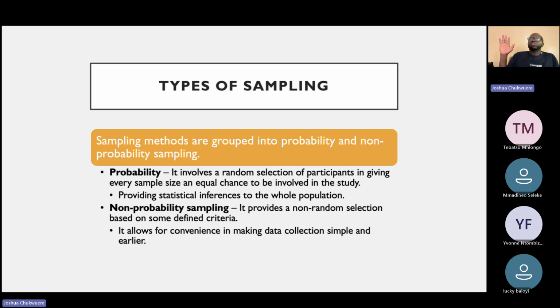Not all of them will participate because not all of them meet your defined criteria, which allows for convenience in conducting data gathering in a very simplified and easy way.